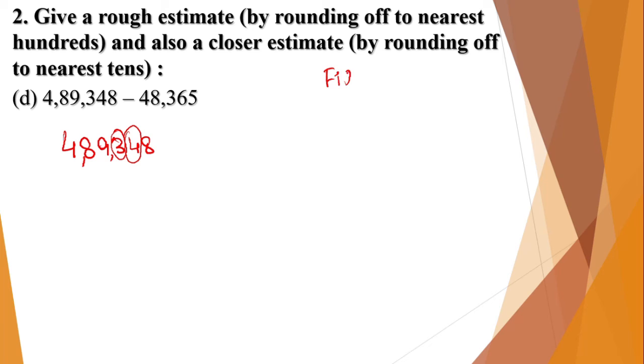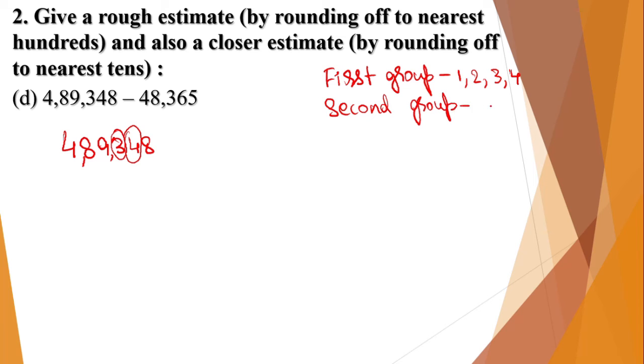So in the first group, we have 1, 2, 3 and 4. And in the second group, we have 5, 6, 7, 8 and 9. Now, if we observe, 4 is in the first group.